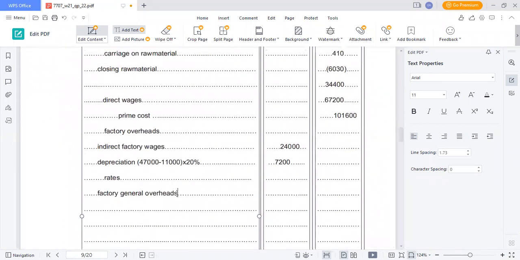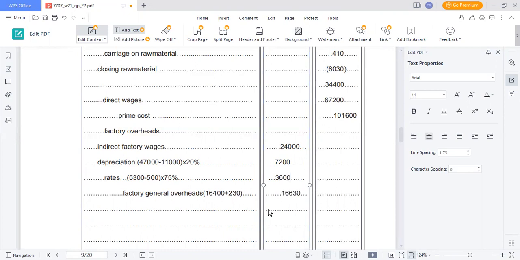So general overheads are 16400 plus 230 that were accrued. Rates were 5,300 minus 500 that were prepaid, and 75% belongs to the factory and 25% to office. That will be 3,600.